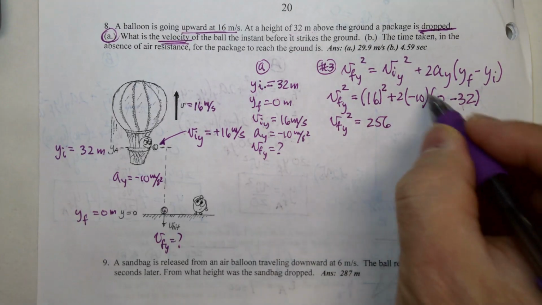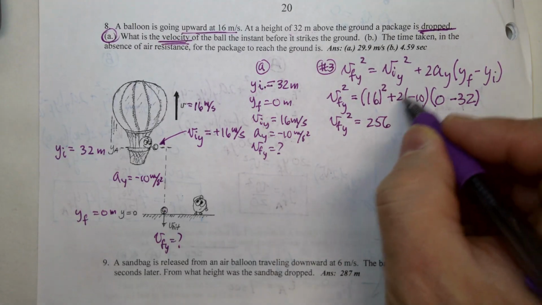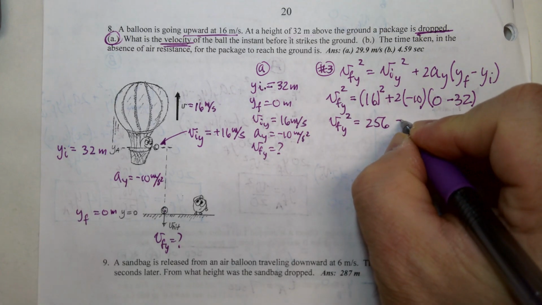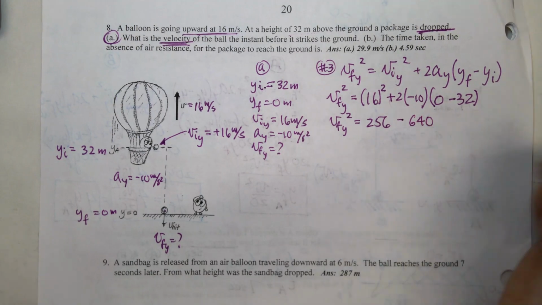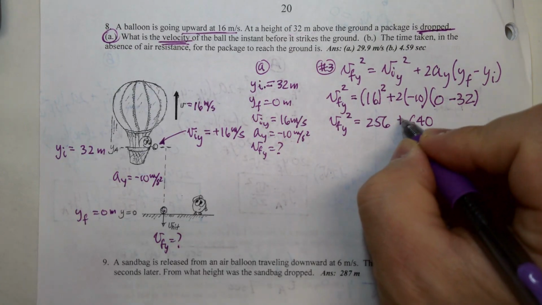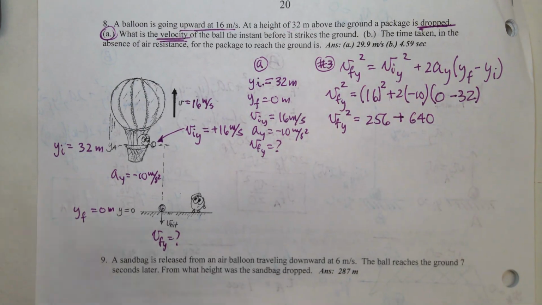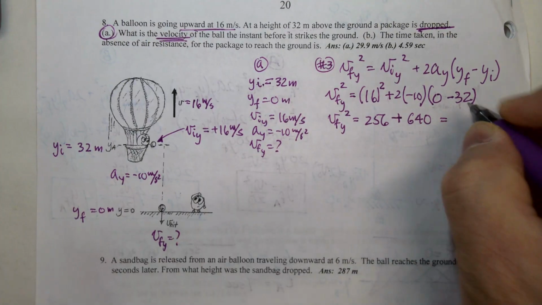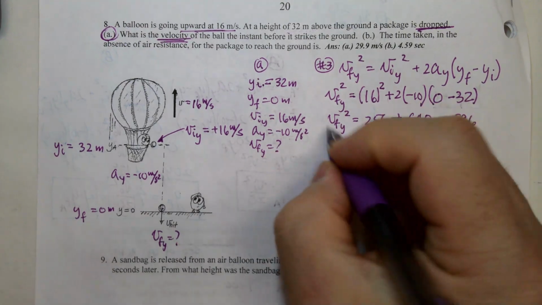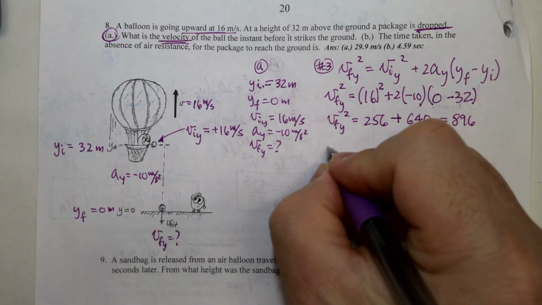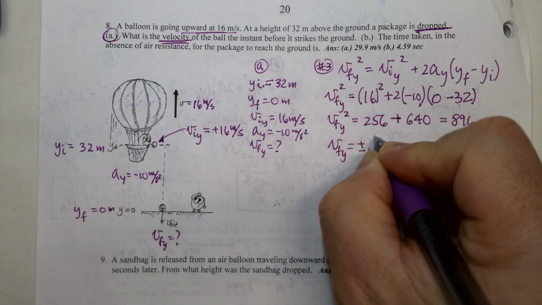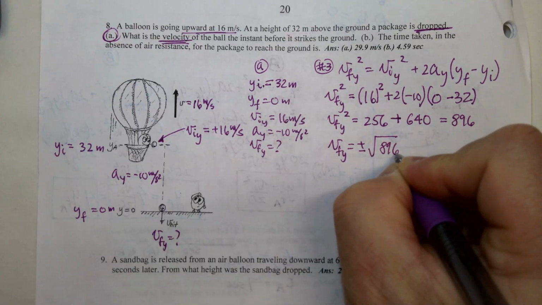Here I get negative 20 times negative 32, which is negative 640. No, positive 640, because negative times negative. Therefore, this whole thing should come out to 896. So if I take the square root of both sides, my VFY is equal to plus or minus the square root of 896.